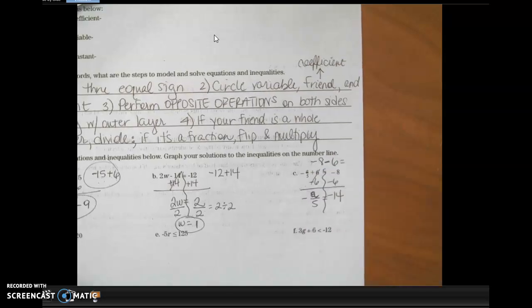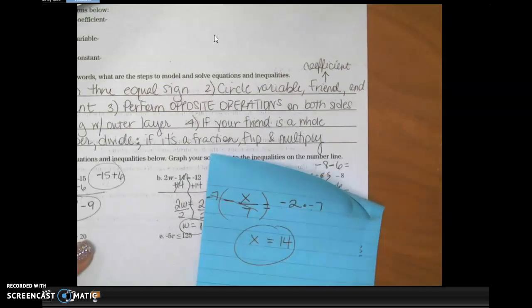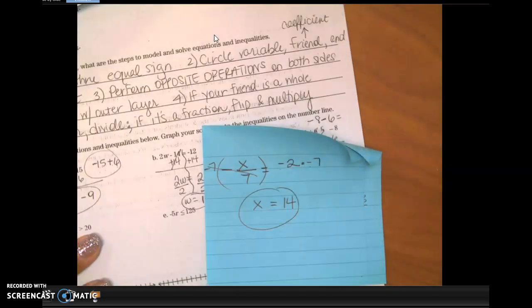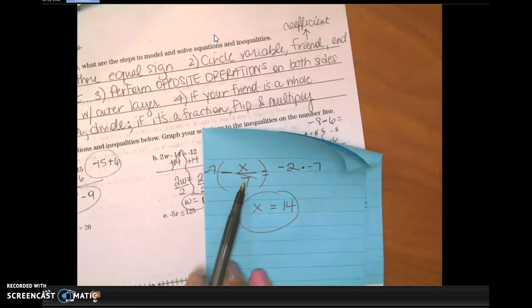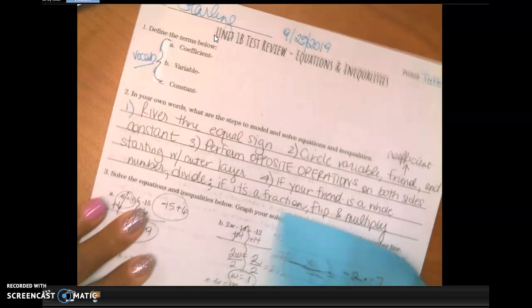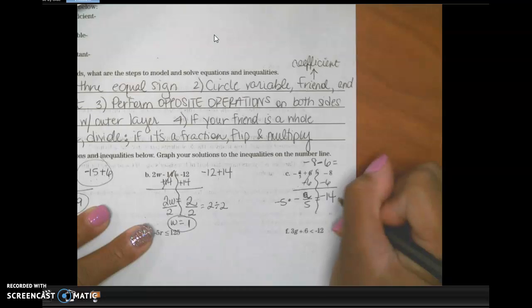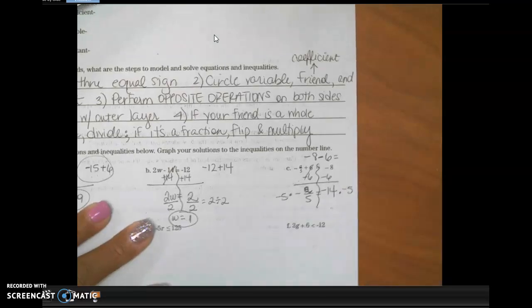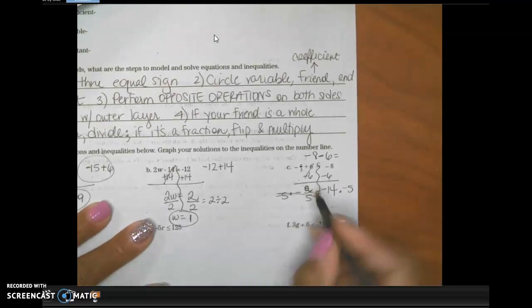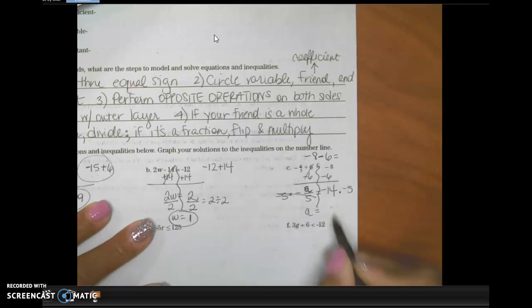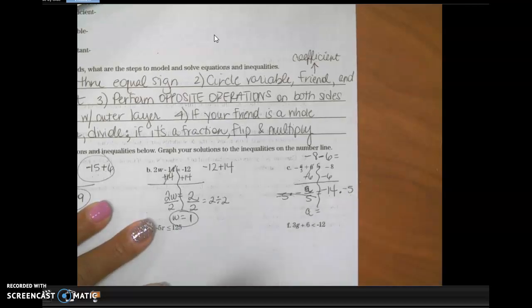What did I just say to do with this one? Multiply by what? 5 on both sides. Nope. What did I do with this one? By negative 5. Good. On both sides. Times negative 5, times negative 5. Cross these out. A is 14 times 5.